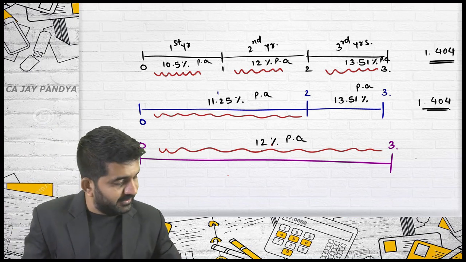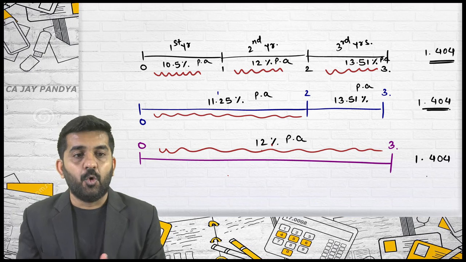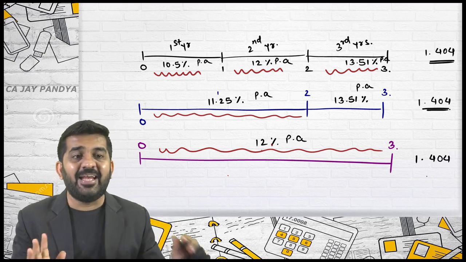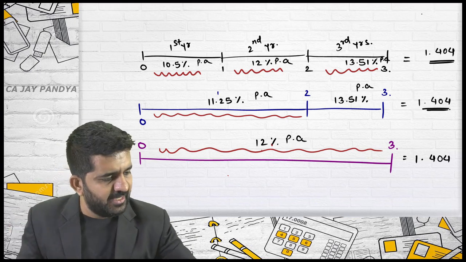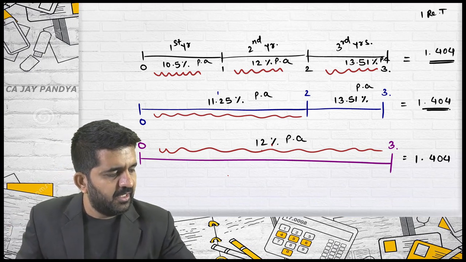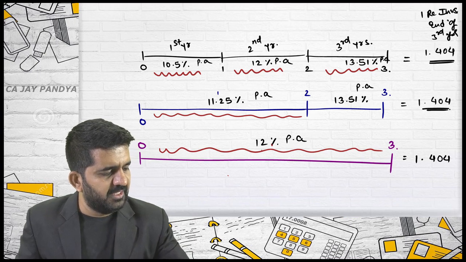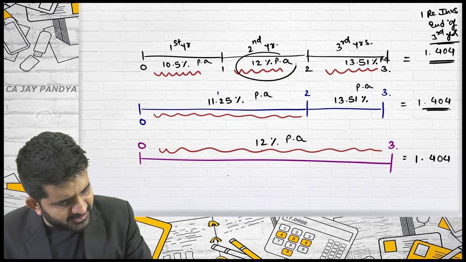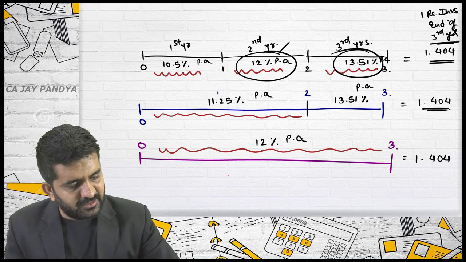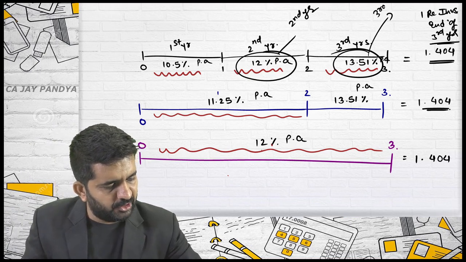At 12% per annum, I will also be getting 1.404. You can recalculate it with any route; you will be getting at the end of the third year 1.404 for 1 rupee invested. But of these rates, this is the rate for the second year, this is the rate for the third year.